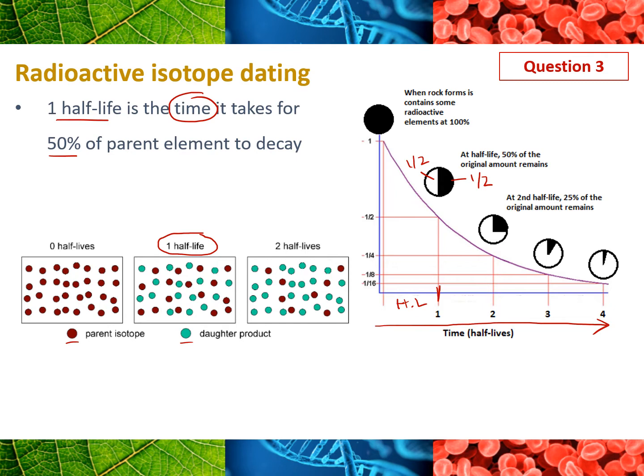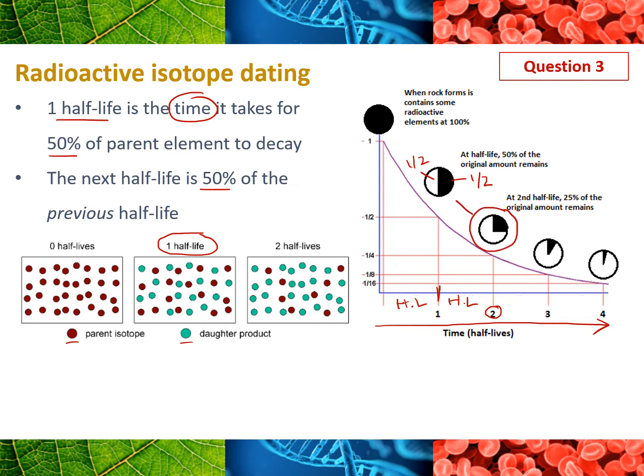Where this gets a little bit tricky is when we move on to the second half-life. So let's go down now to 2. We are looking at 50%, or half, of the amount of element that existed at the previous half-life. So we go from 100% here, down here we've got half of the parent element, and now we're looking at half of half.